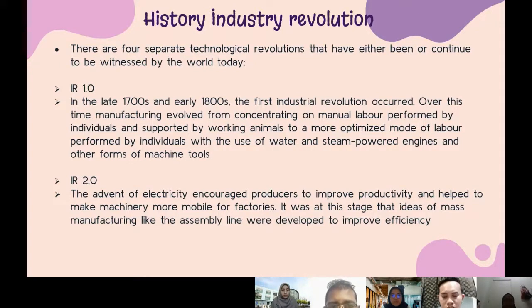Industry Revolution 2.0 was the advent of electricity, which encouraged producers to improve productivity and make machinery more mobile for factories. At this stage, ideas of mass manufacturing and the assembly line were developed to improve efficiency.